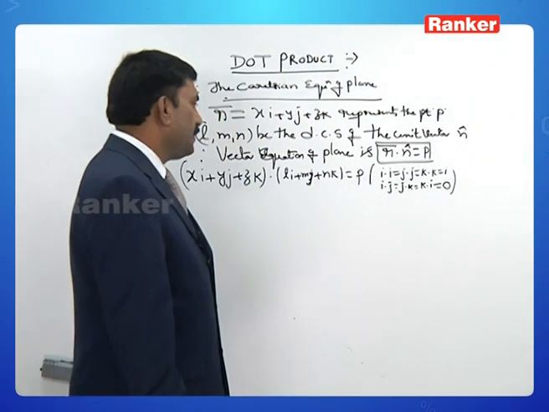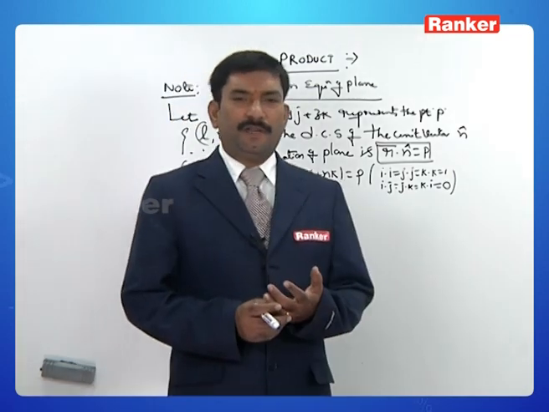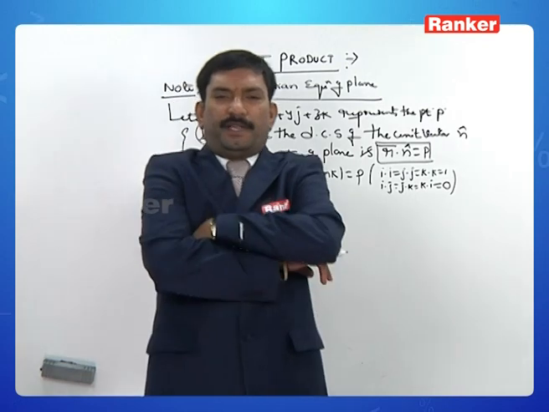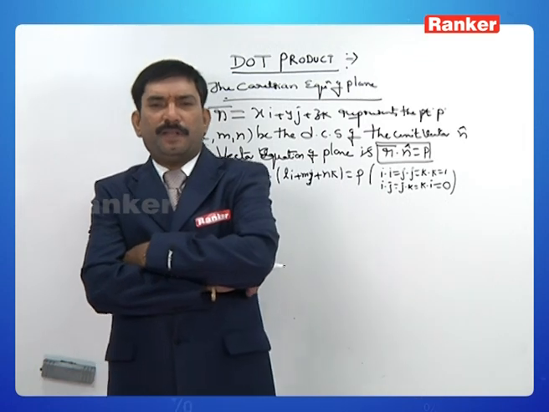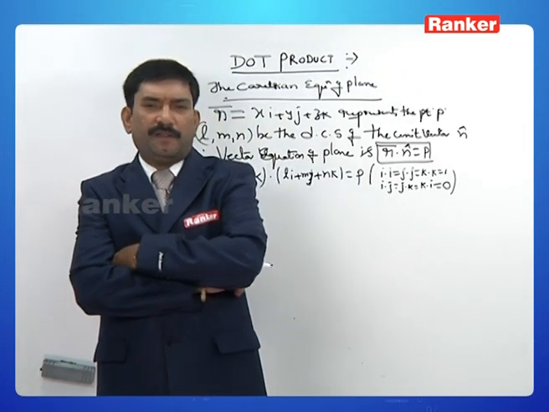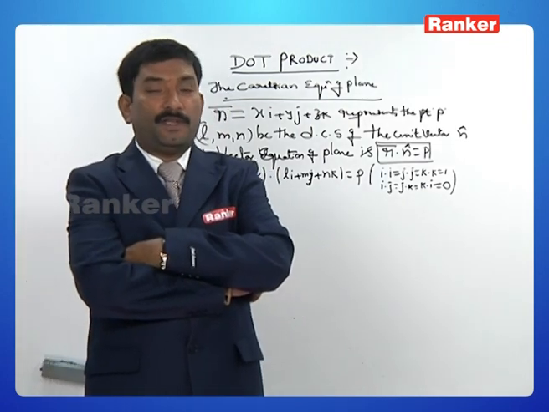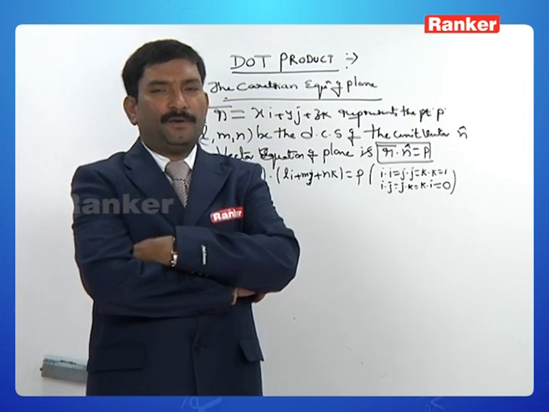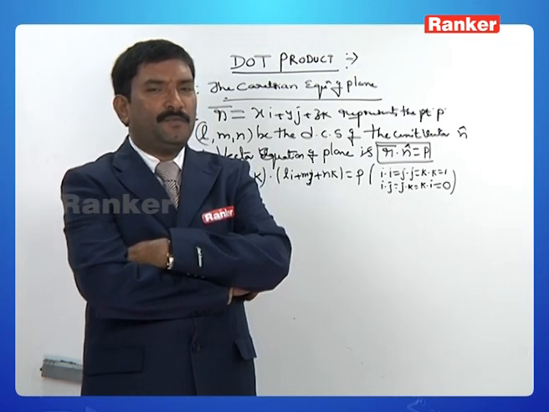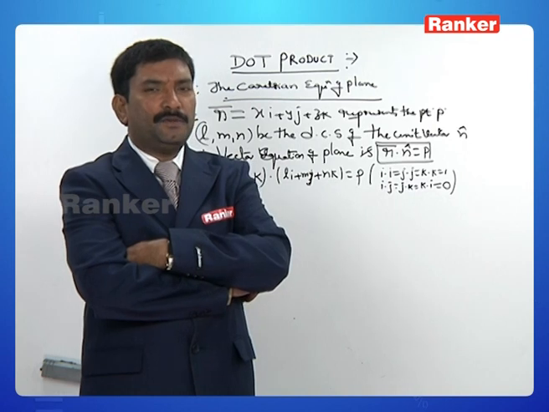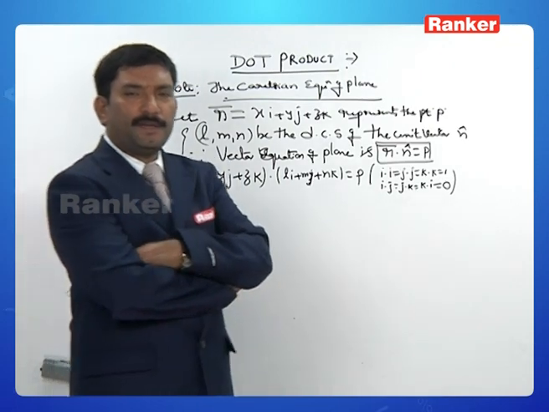With the help of that, and also I told, if A bar is equal to A1 i plus A2 j plus A3 k, B bar is equal to B1 i plus B2 j plus B3 k, we know that A bar dot B bar, without giving an angle, as we discussed already, is equal to A1 B1 plus A2 B2 plus A3 B3.